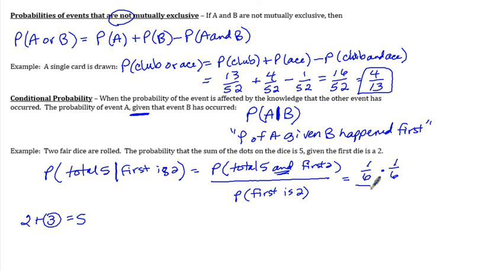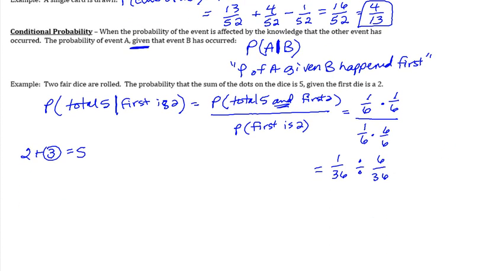And then we divide out the probability that the first is a 2. So 1 out of 6 times 6 out of 6 is the probability that the first was a 2. So the top fraction becomes 1 over 6 times 1 over 6, so that's 1 over 36. And we're dividing by 1 times 6 on the top and 36 on the bottom.